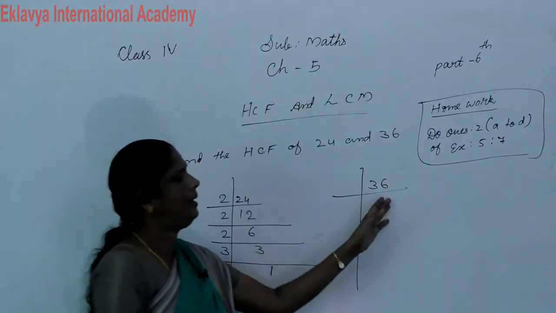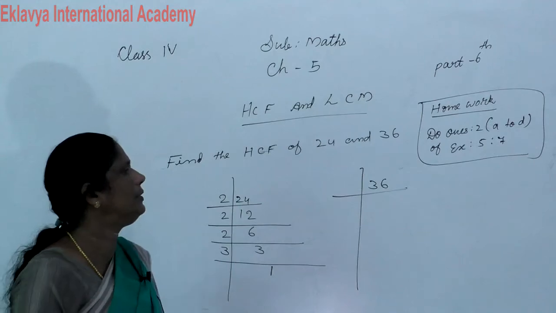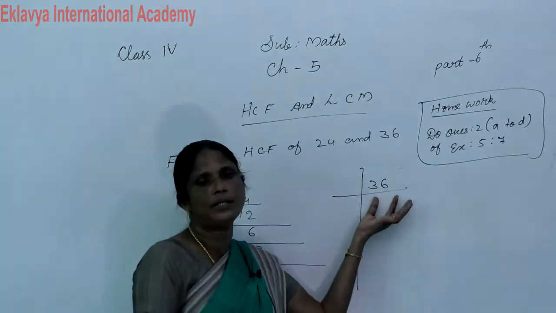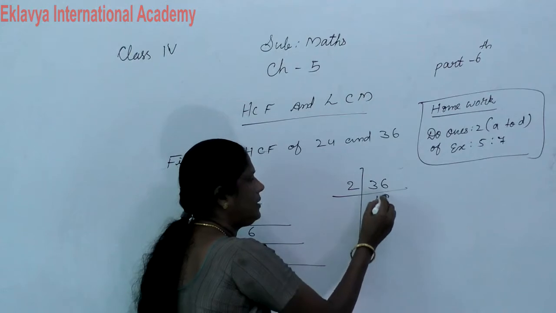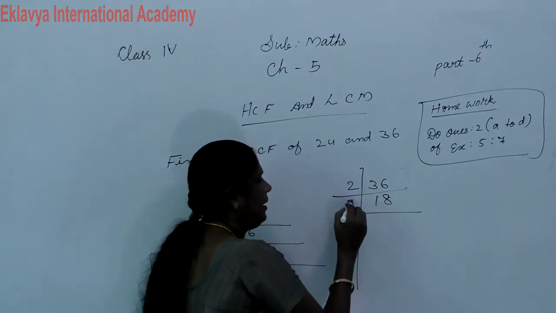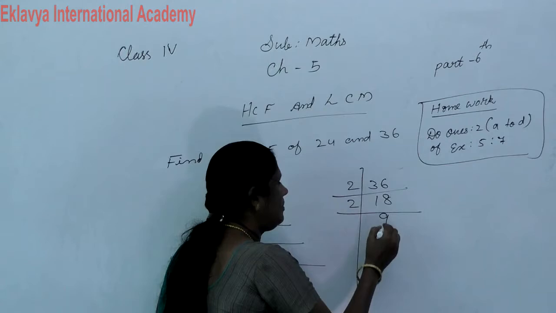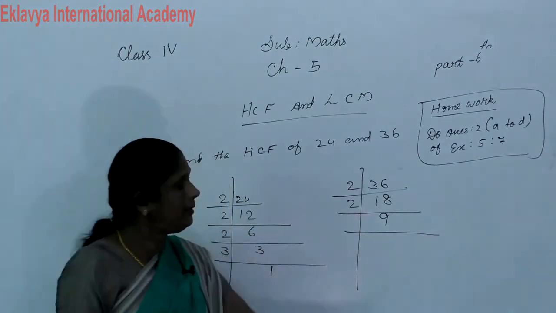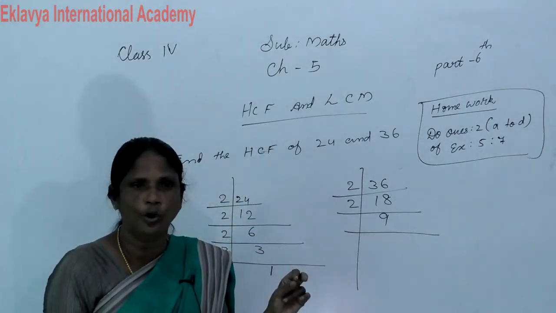Then the second number, 36. First you check if this number is divisible by 2. Yes. How many times? 18 times. Again 2. How many times does it go? 9 times. Again, is this number 9 divisible by 2?